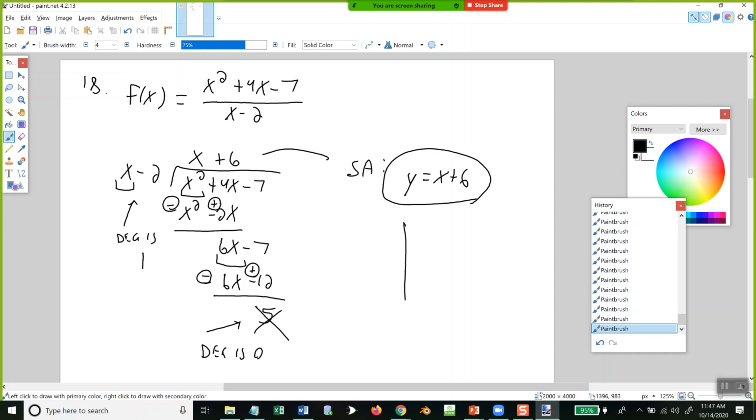Though I'm not going to have you graph this, just in general, if I went through, this would have a vertical asymptote at 2. 1, 2, 3, 4, 5, 6. And it'd have a slant asymptote at y is equal to x plus 6.